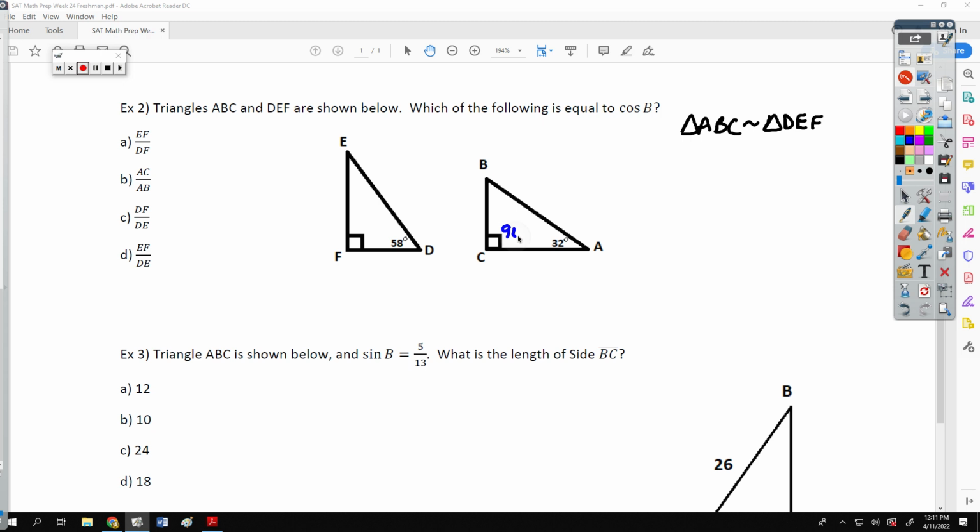We have a 90-degree angle and a 32-degree angle, which means that the measure of angle B has to be 180, because all triangles add up to 180 degrees, minus 90 minus 32, which would be 58 degrees.